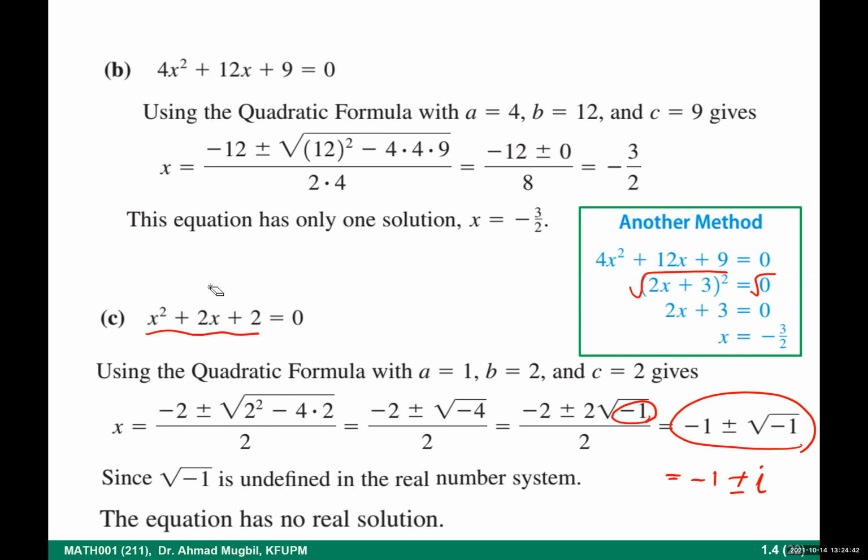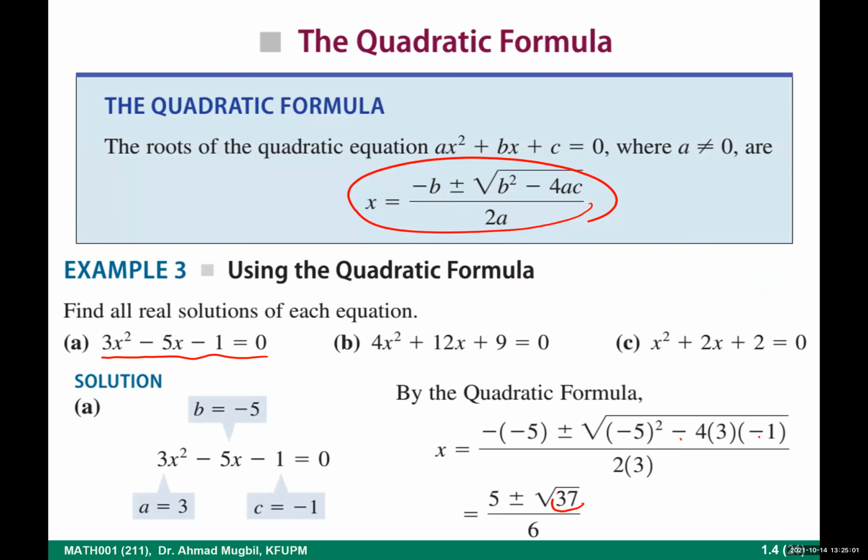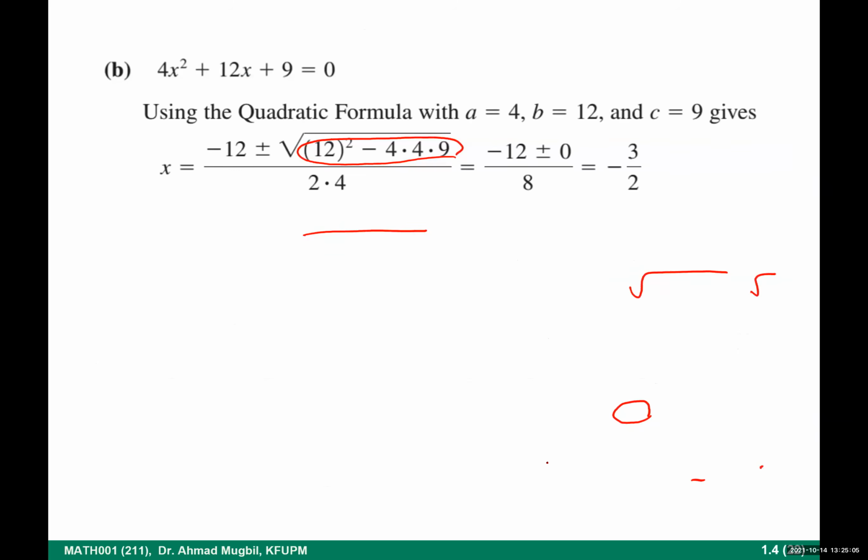Now, do you notice something, guys? What happens when this quantity inside the radical is negative? No real solution. When this was 0, what happened? One solution, or 2 repeated, 2 equal. And when it was positive, 2 real solutions, 2 different real solutions.